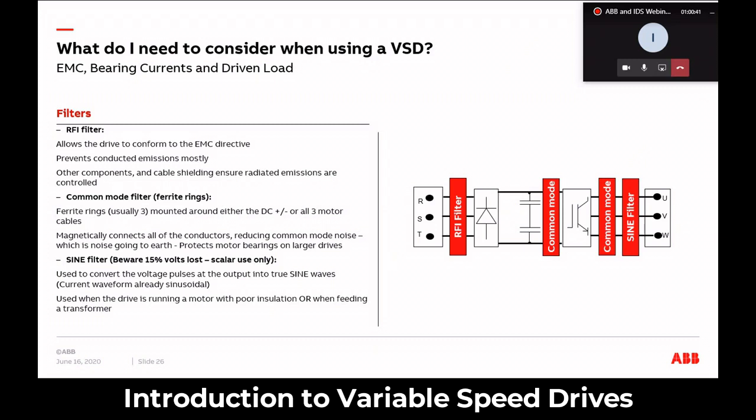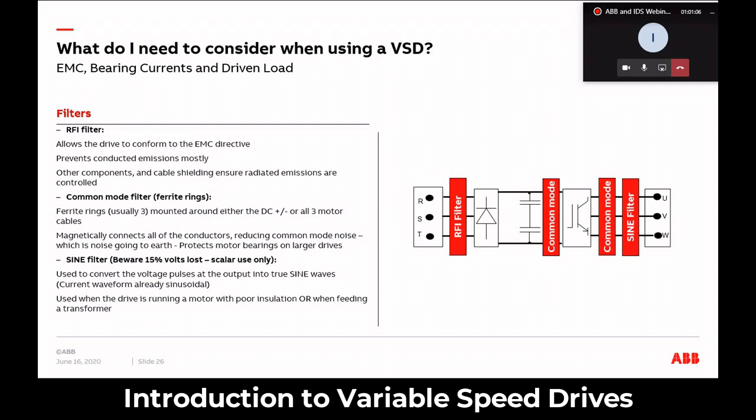It's more predominantly on larger drive systems. Another thing, when we're feeding a transformer or we have a motor with very poor insulation, is a sine filter. What that does is effectively convert the voltage pulses at the output of the drive into a much more true sine wave.